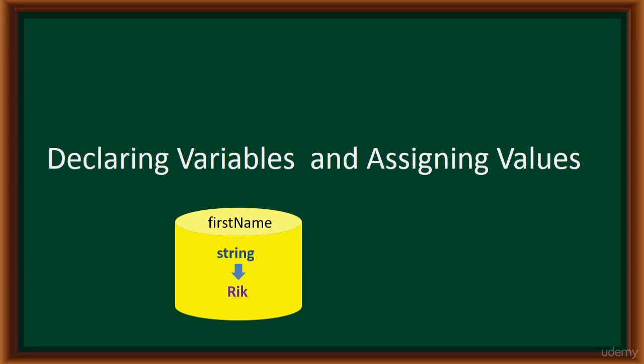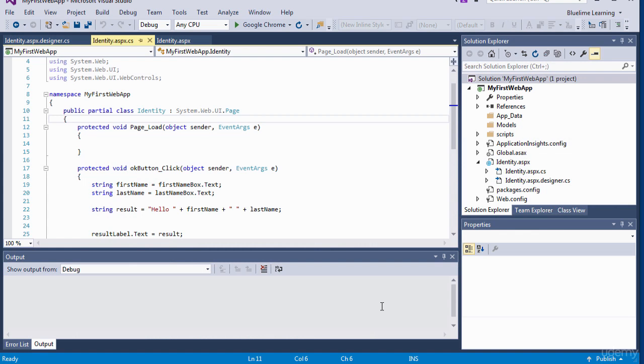So let's look at the example we did when we created the form. This is our piece of code here from when we created our web form. You notice here on line 19, this is the right format. This is where you should declare a variable. You start with the data type. The data type in this case is a string.